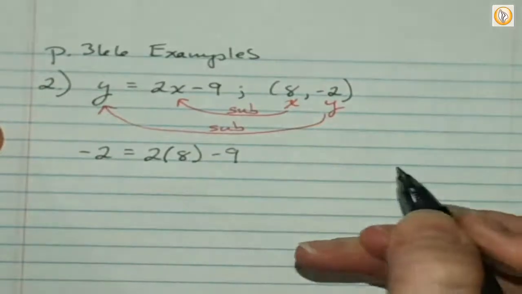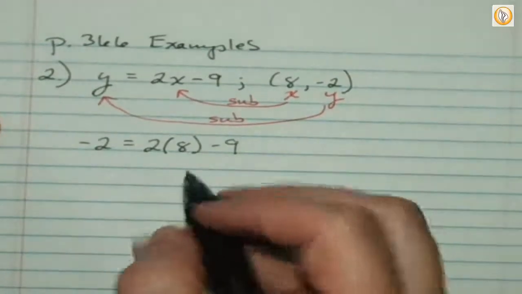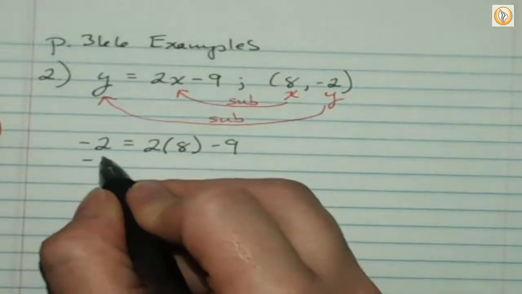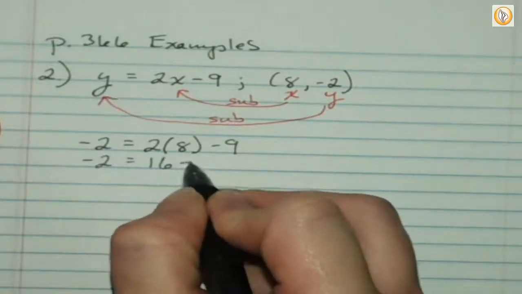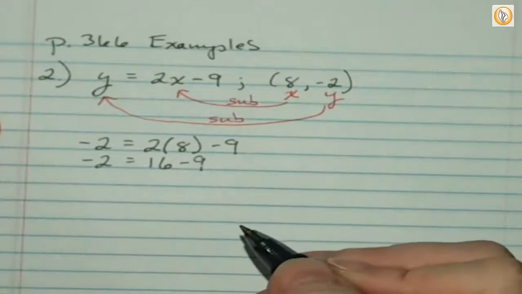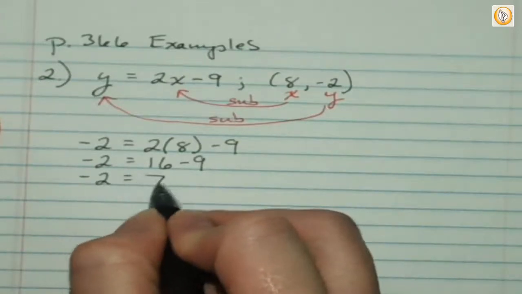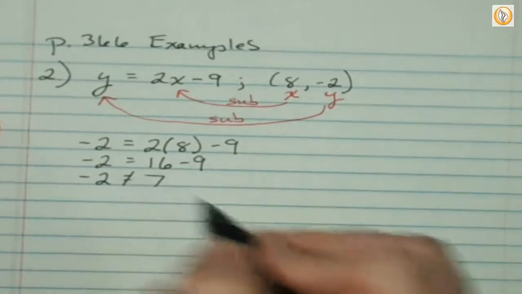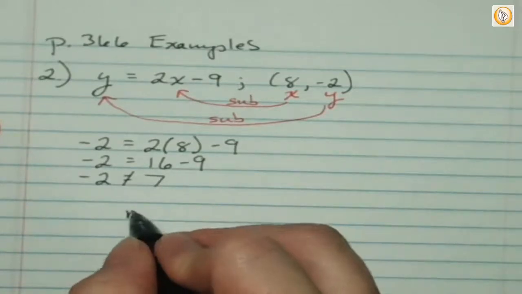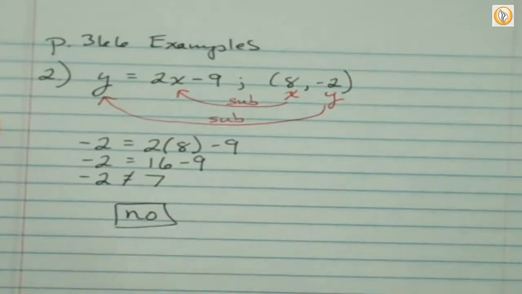Very good. And Izzy, what is 2 times 8? 16. And what is 16 minus 9? So does negative 2 equal 7? No. So then your answer is no. It is not a solution.